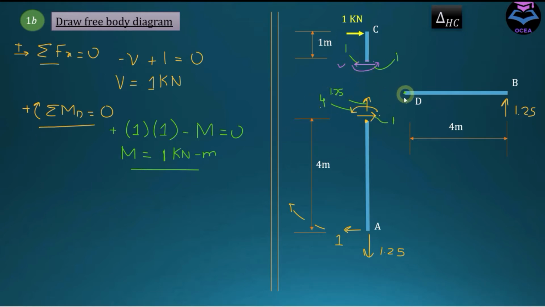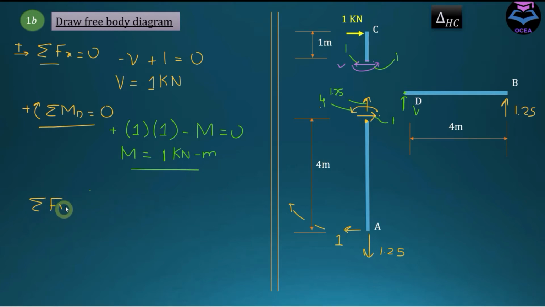Now we are going to determine internal force at this end of the member. To determine internal force, we are going to apply condition of equilibrium to this whole joint, D joint. So let's say first we want to determine this shear in this member. So let's apply condition of equilibrium again.